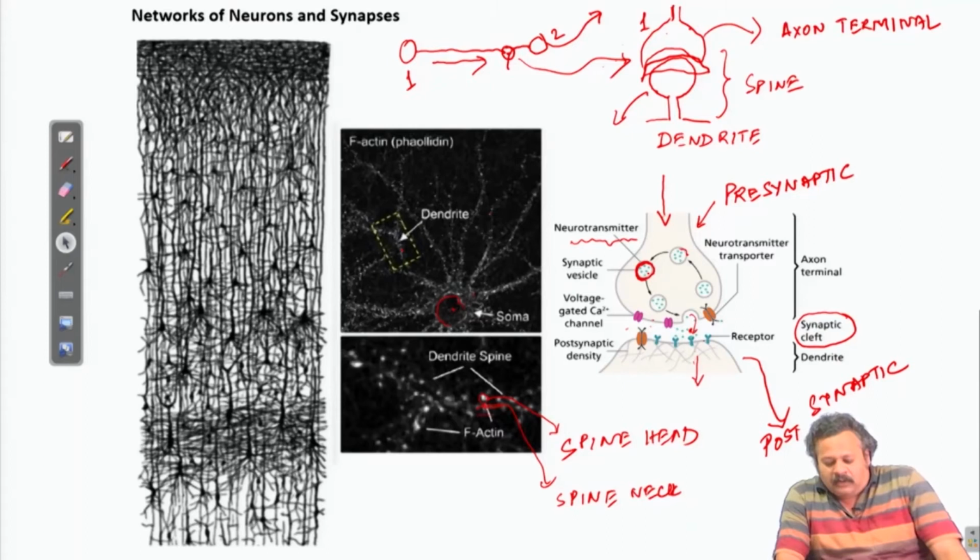So, for now, what we need to understand is that this synapse is the site of connection between two neurons.